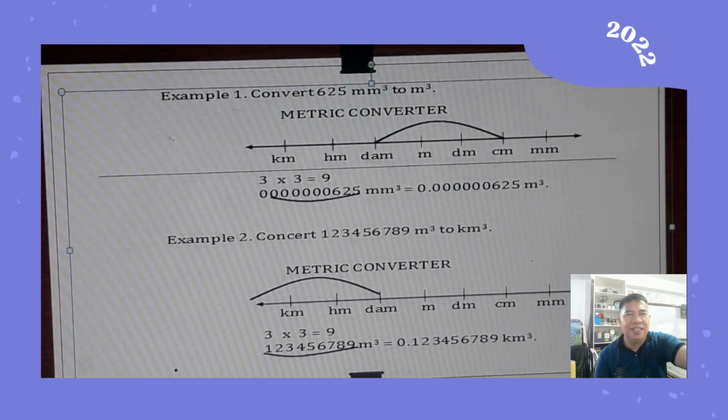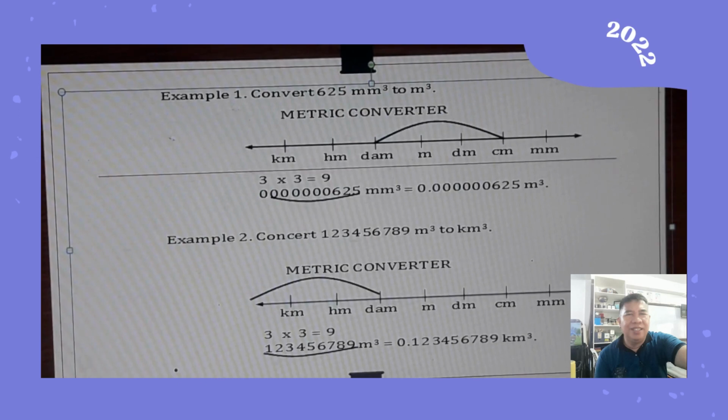Number 2, we're talking about the whole number 123,456,789 cubic meters to be converted to cubic kilometers. Again, the illustration, the arrow that is provided in the movements of the illustration. It should start from meter to kilometers.